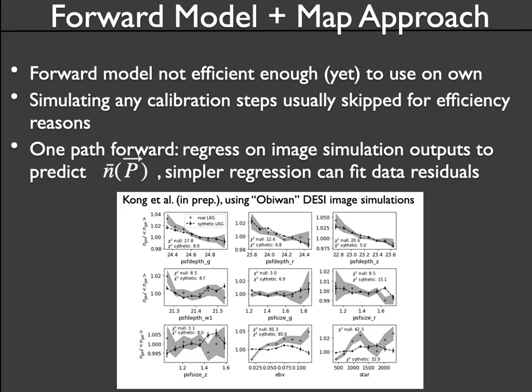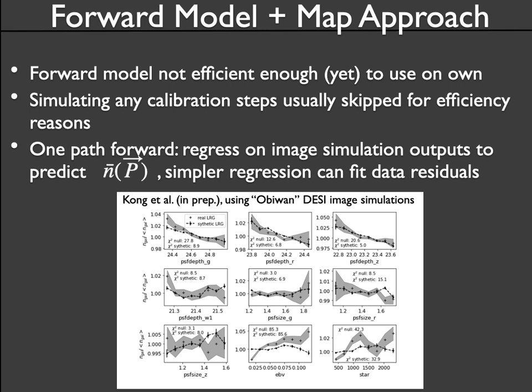I think something we'll increasingly use is this sort of hybrid approach where hopefully we can use the forward model to eliminate the need for maybe all the maps and just regress out residuals after using the forward models. An example here is DESY image simulations for LRGs where the trends with the data quality are reproduced quite well.